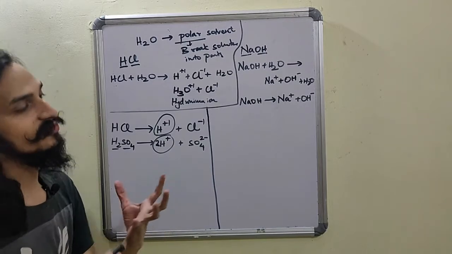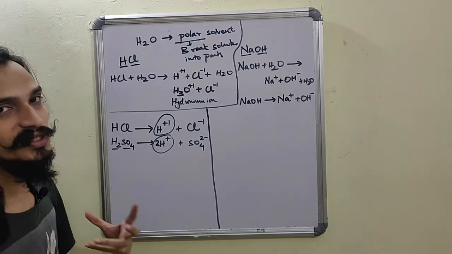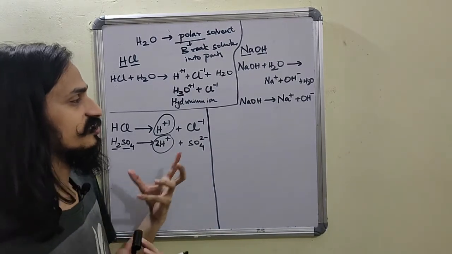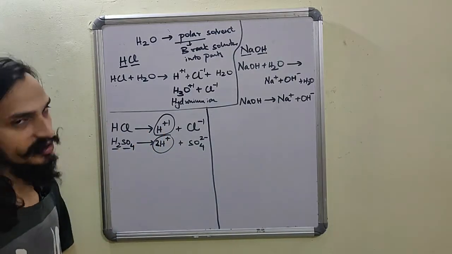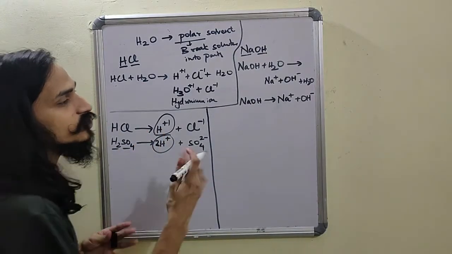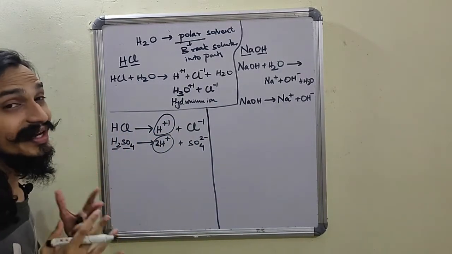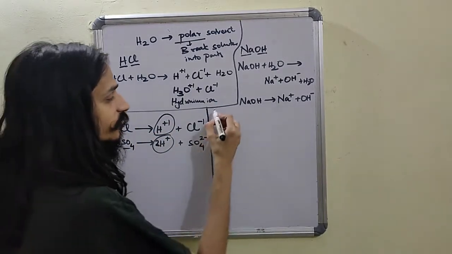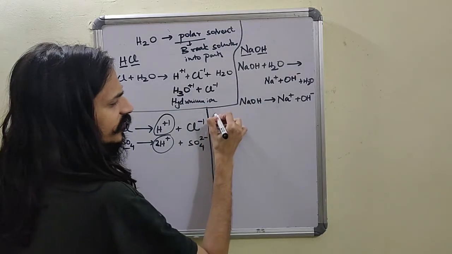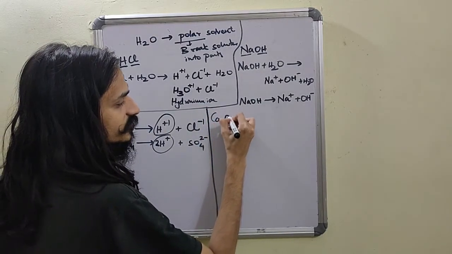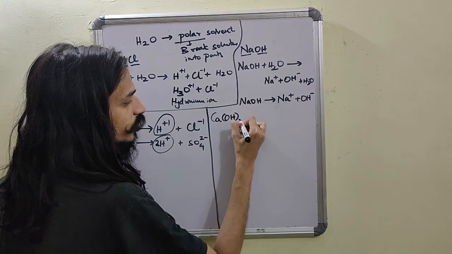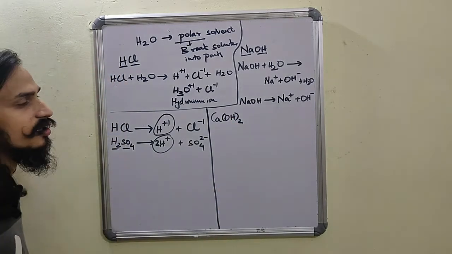The whole effect of an acid is nothing but this H plus ion doing its work. It just gets super reactive and starts to break everything, right? Same goes with base. OH is nothing but hydroxide ion which is there in every single base, right? So for example, let me give you another base, calcium hydroxide. Okay, Ca(OH)2, that is calcium hydroxide formula.